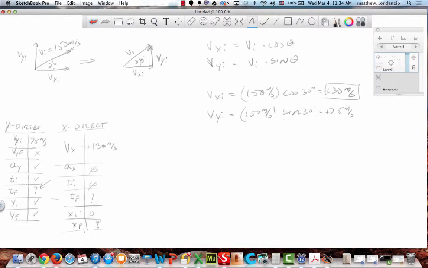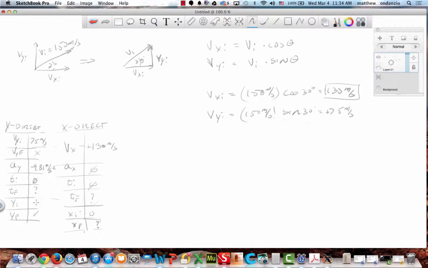What's the acceleration that I have in the y? Negative 9.81 meters per second squared. My initial time is 0, and I'm looking for my final time. What's my initial y? 50 meters.